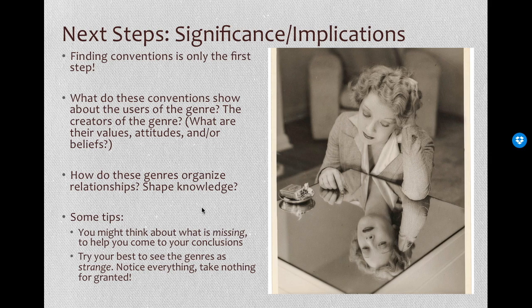So that third bullet point looks at how we can also use these implications to talk about how genres organize relationships, how they shape knowledge, how they shape our understanding of issues. That is obviously a really key consideration when we talk about the media, in terms of what gets covered, what doesn't, and how that shapes perceptions and values and attitudes and knowledge of the recipients of that news.